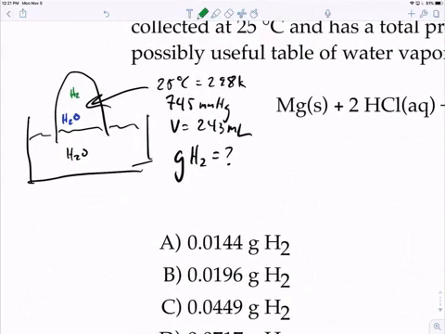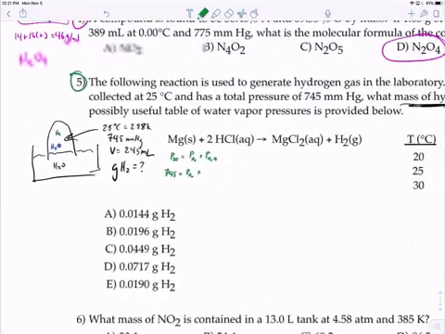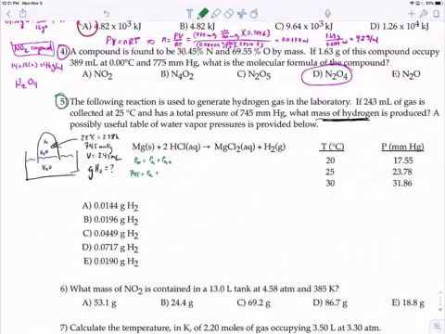So our total pressure is the pressure of the hydrogen plus the pressure of the water. So 745 equals pressure of the hydrogen plus the water pressure, and at 25 degrees that is 23.78.